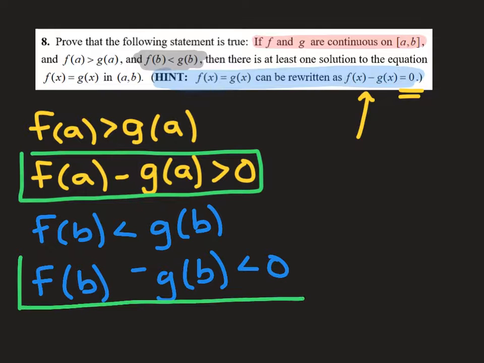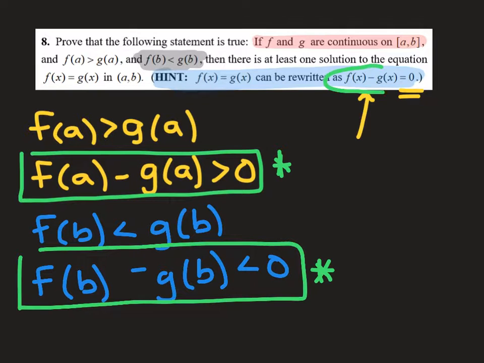Now, maybe you see it, maybe you don't. So here, we're saying these two things give us something bigger than 0. Here, we're saying these two give us something smaller than 0. So guess who's going to fit in the middle of that, right?